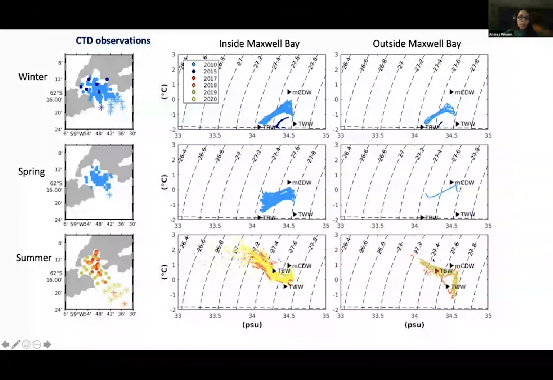What we observe is that outside the bay, there are more observations closer to this modified version of the CDW. But as we go inside the bay, the TS diagram doesn't show a clear signature of this modified circumpolar deep water. And this is consistent in winter, spring, and summer. In summer, the modified signal outside is a bit stronger, but not by much.